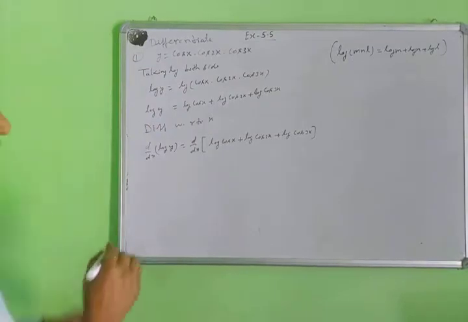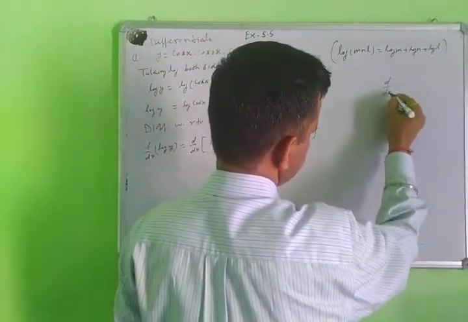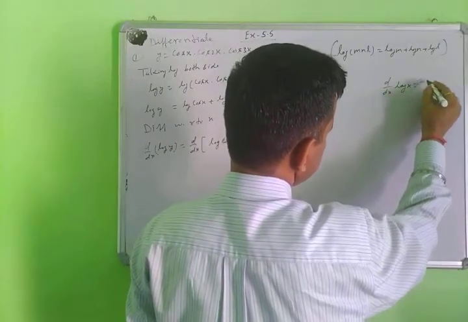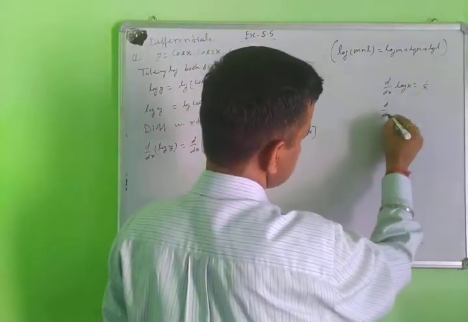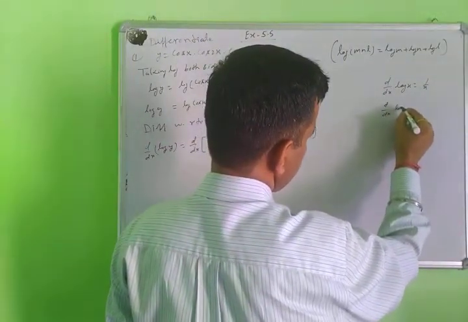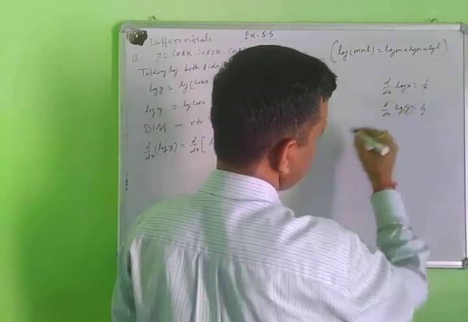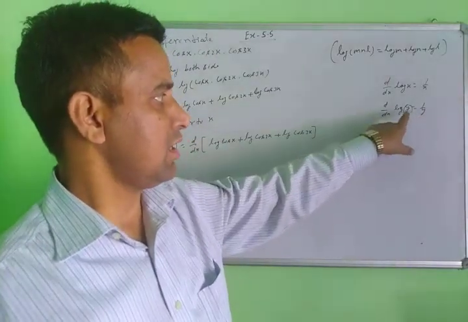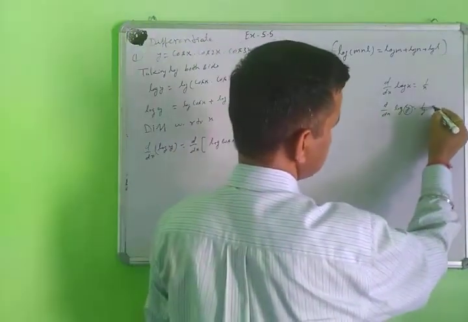The differentiation of d over dx log x is 1 upon x. But for d over dx of log y we get 1 upon y, and then again using the chain rule, dy over dx.